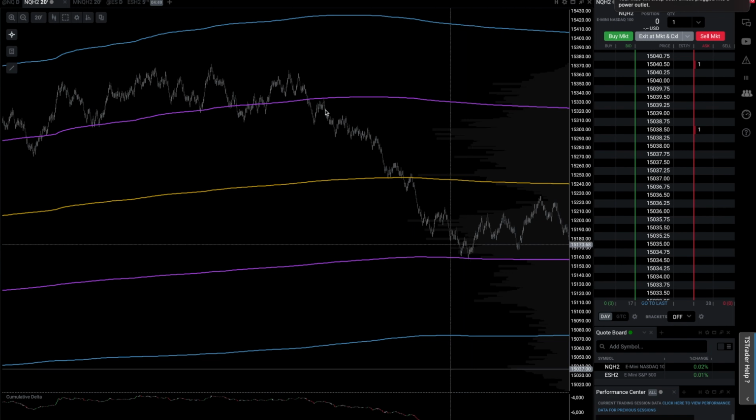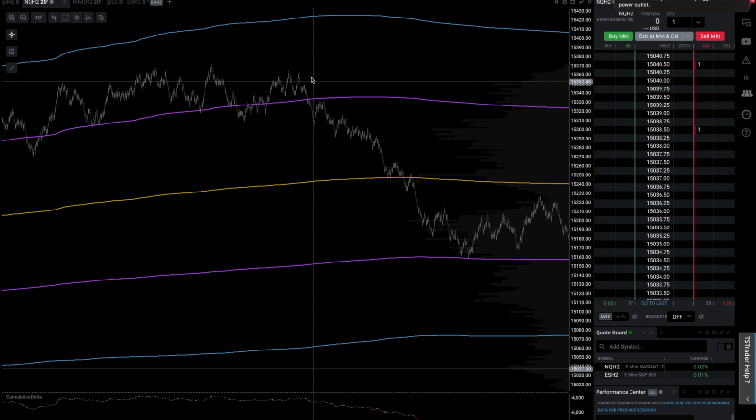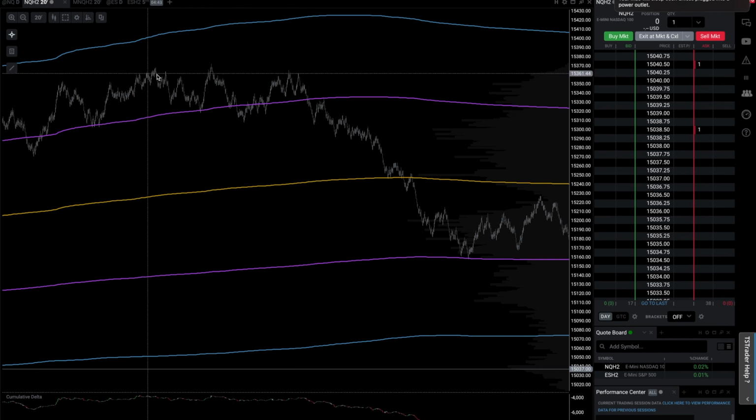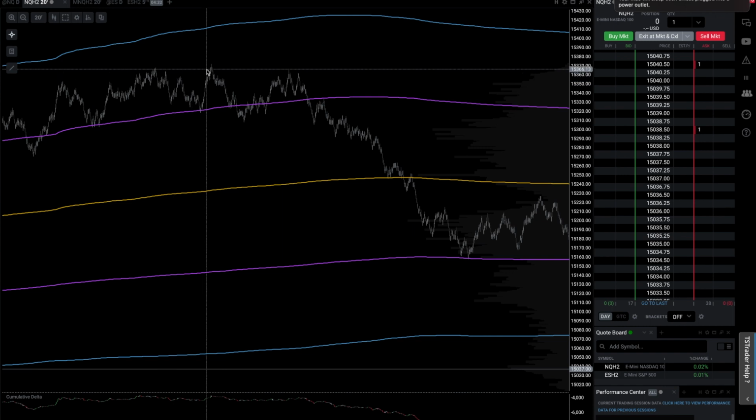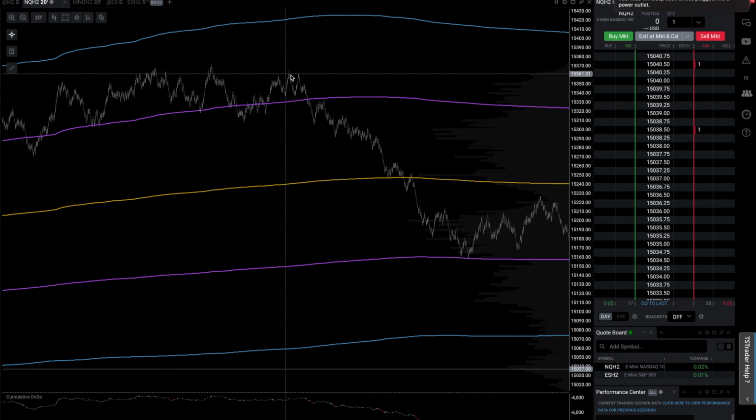So I was really tempted to take this trade right here, and you can see there's all these points right here. It tries to go up, doesn't go up. All these right here. We got 1, 2, 3, 4, 5, 6, 7, 8, 9, 10, 11 tests, right?